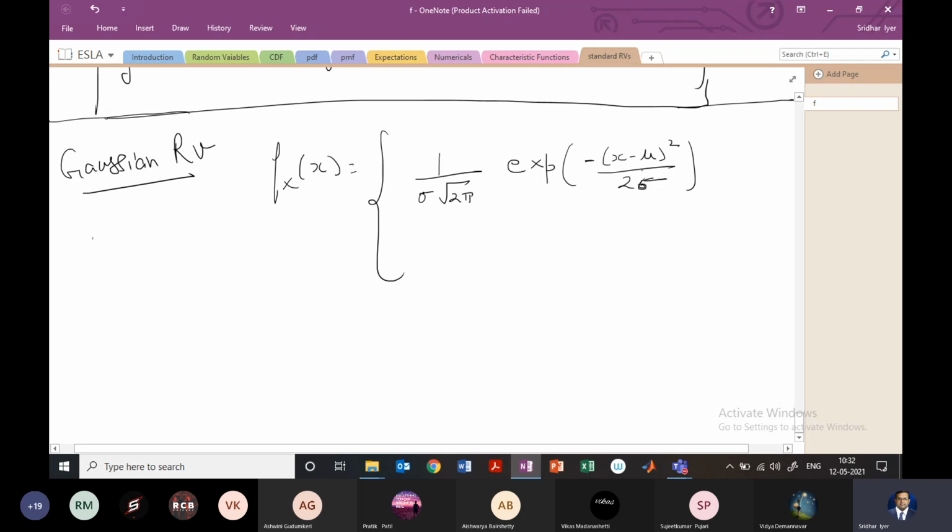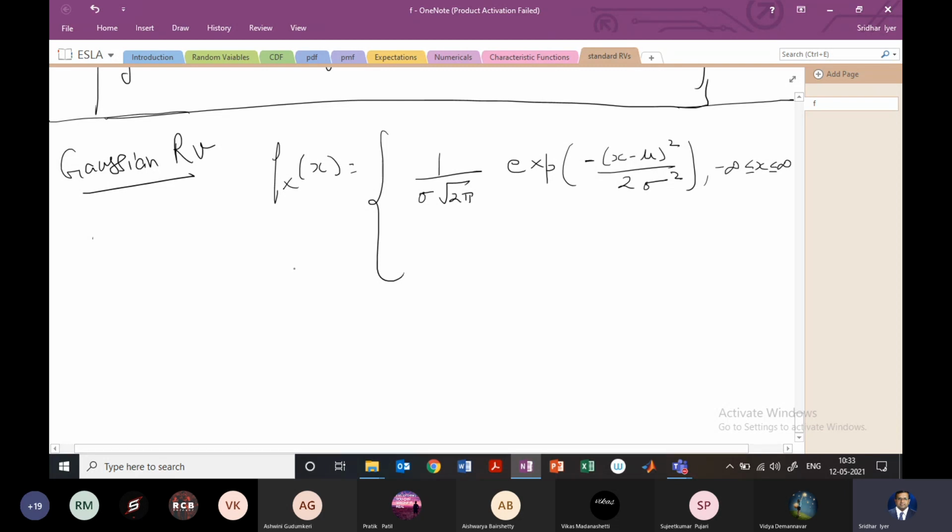Right now you might be thinking that it is too difficult to remember this, but don't worry about it. We'll be doing this so many times that at the end of the day you will remember what this random variable actually looks like. This is a very important random variable, and this PDF is for negative to positive infinity. So there is no zero value here. So this goes for x between minus infinity and plus infinity.